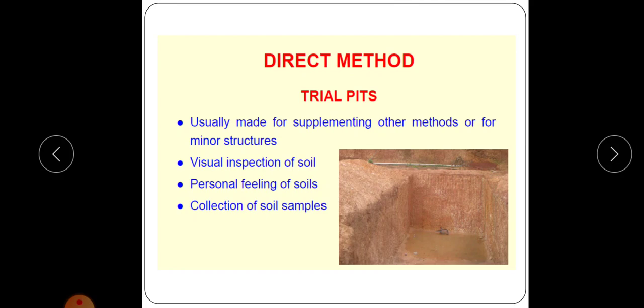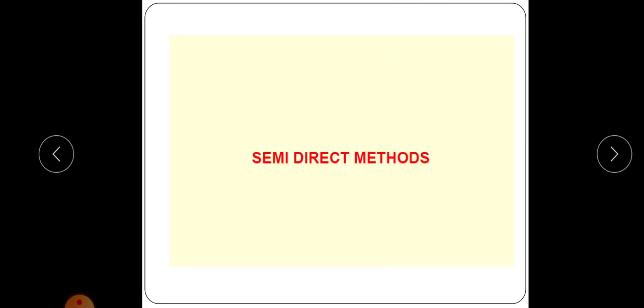We can investigate the soil by just visual inspection and also personal feeling of the soil, by checking the moisture content or the fineness of the soil, and by visual inspection we can identify some types of soil. Other samples we can take into the laboratory and test. So this is the direct method of excavating pits or trenches.